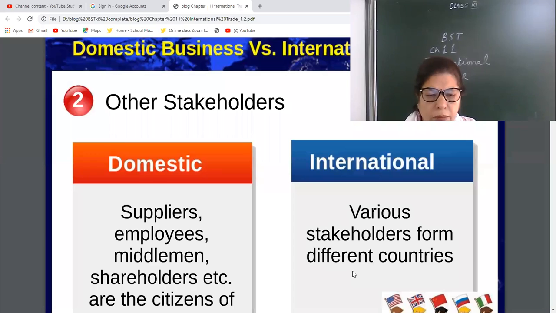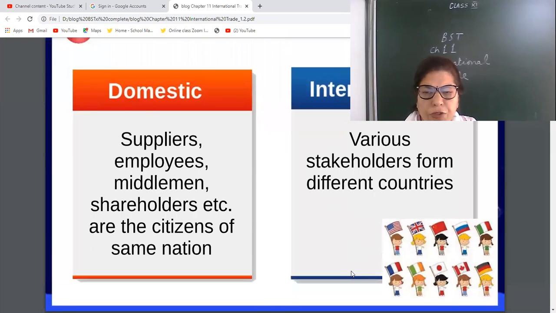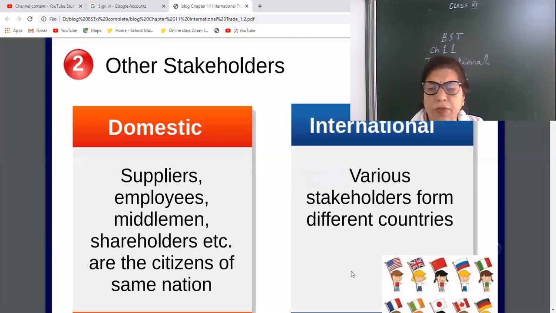Please note down, same nation. But in international business, they are from different countries. See, it's very easy to understand. In international business, suppliers are from different countries, buyers of different countries, employees, middlemen, shareholders, all are from different nations.